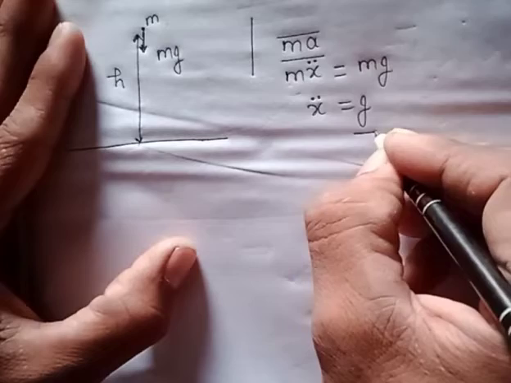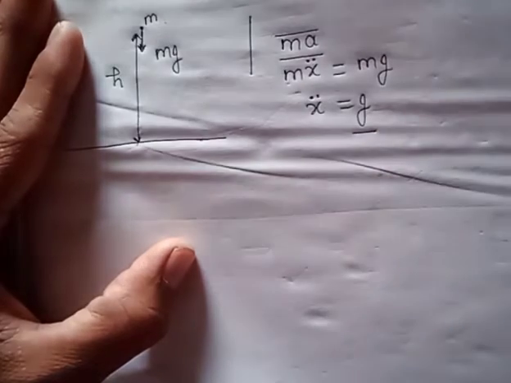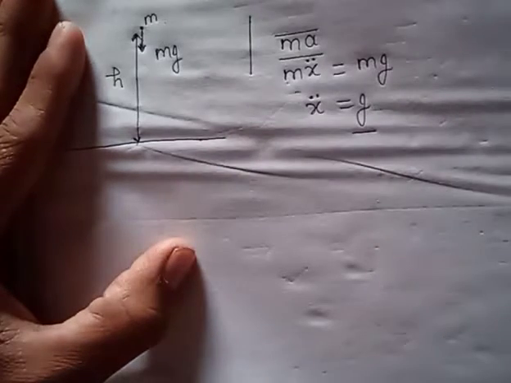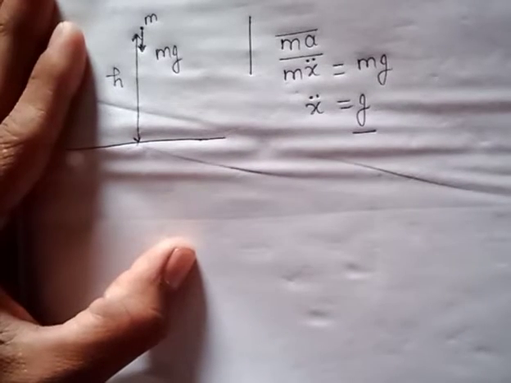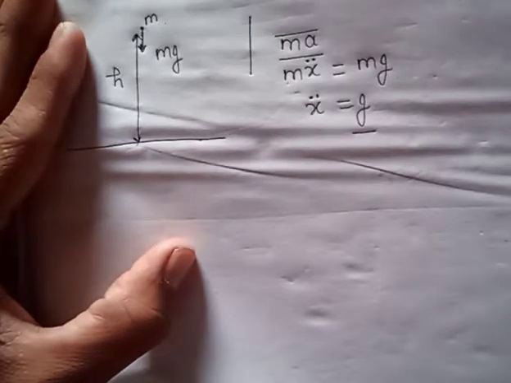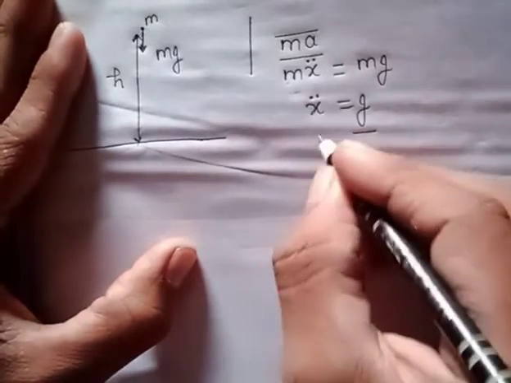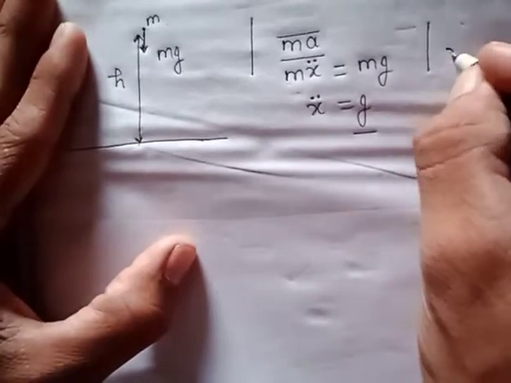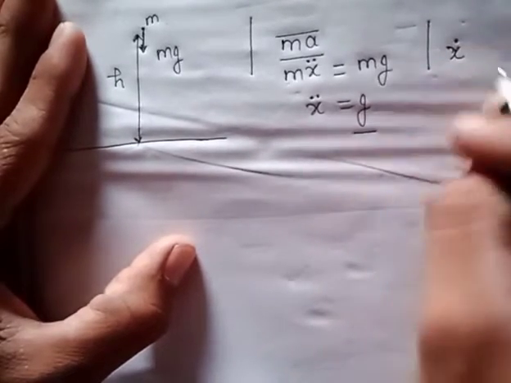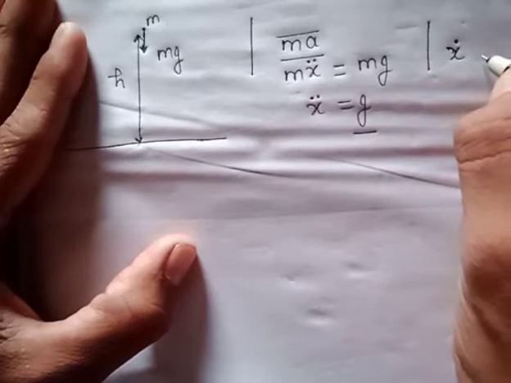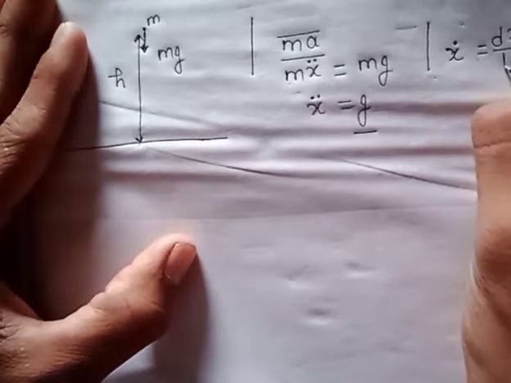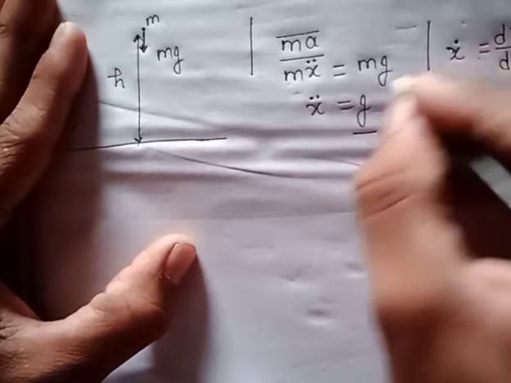We know that g is a constant and the acceleration due to gravity is constant. Now what we can find, we can tell about the velocity. What will be the velocity after this much of time elapsed? So let us find the velocity. So we know that velocity is x dot. And what do we mean by x dot? This means first derivative of x with respect to time.